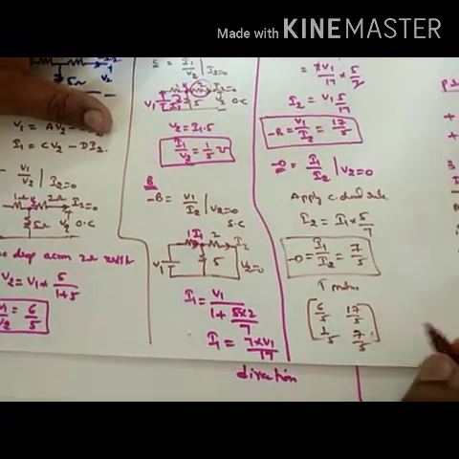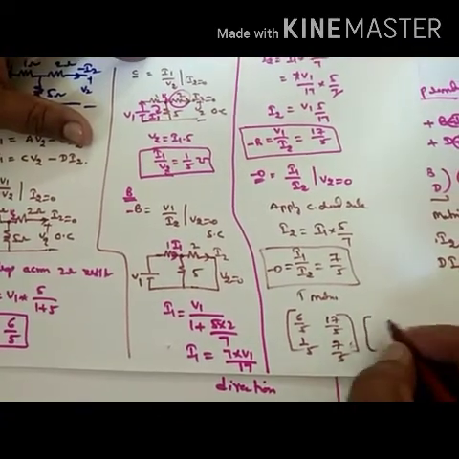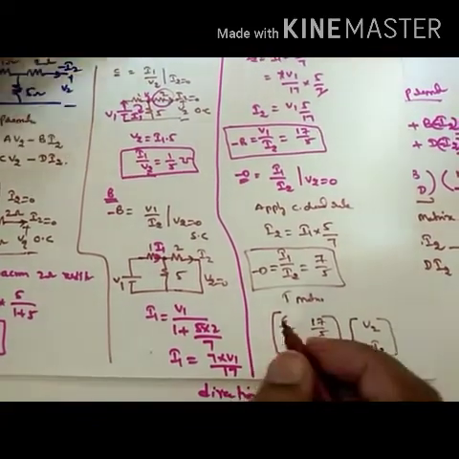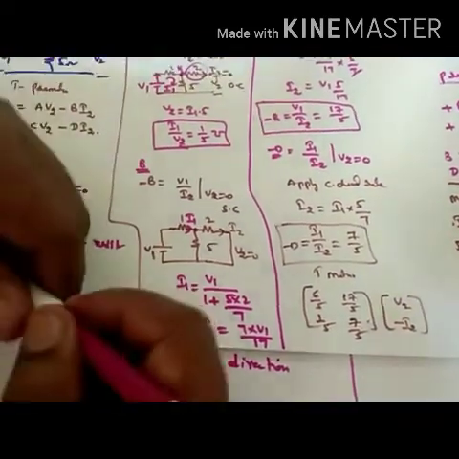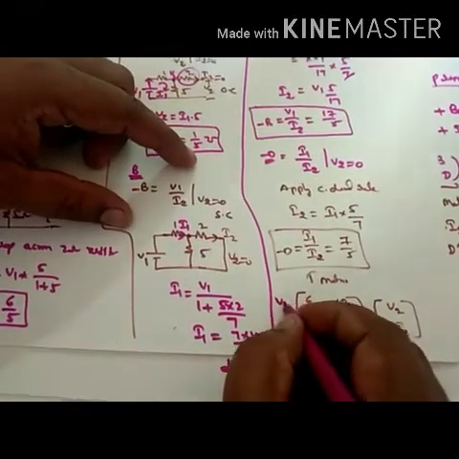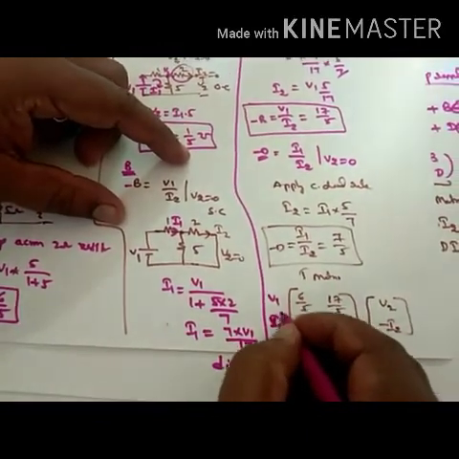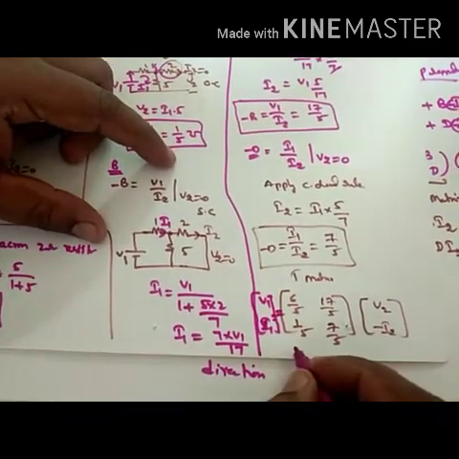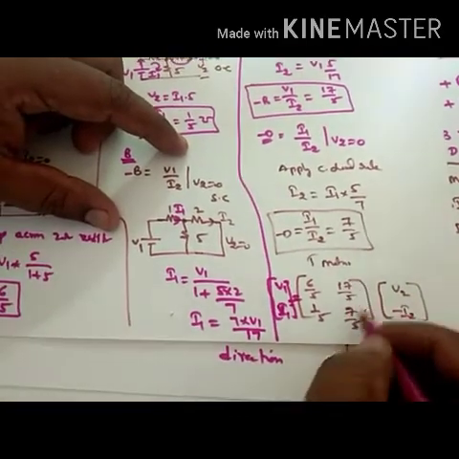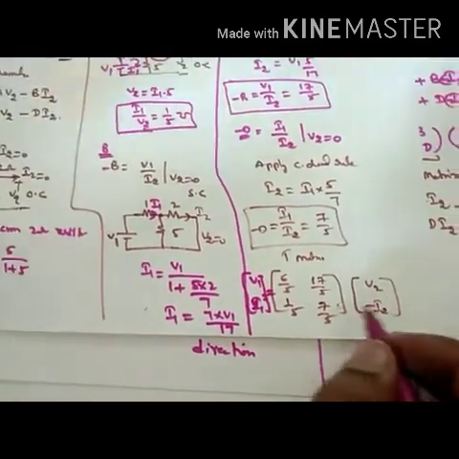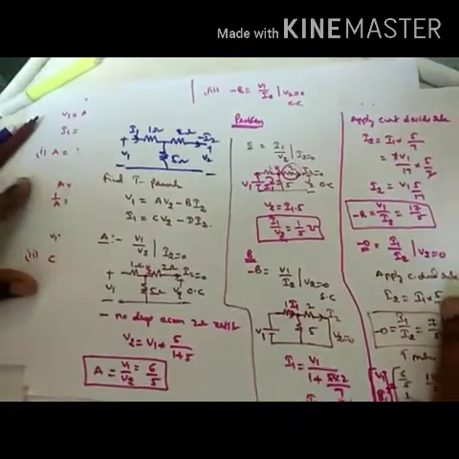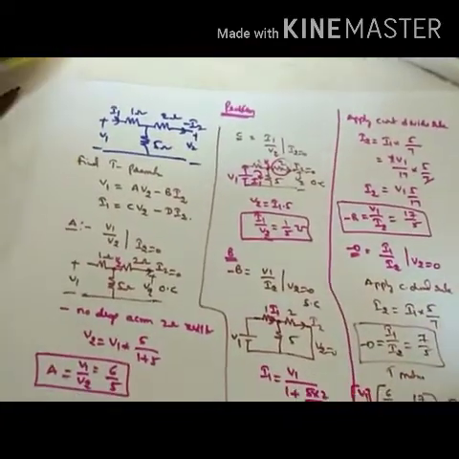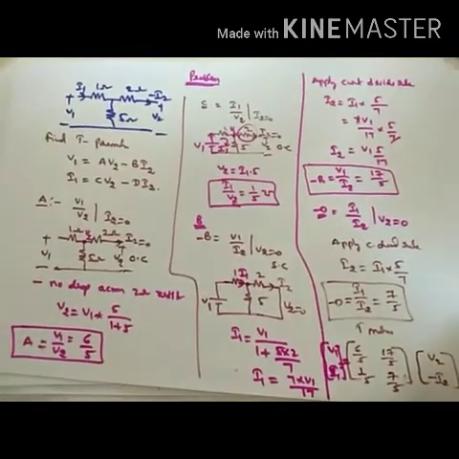This is the T matrix, and we may put a minus sign on the current, not for A, B and D. V1, I1 is equal to ABCD into V2, I2. These are the values. Like that, you have to find the transmission parameters using the open circuit and short circuit method. Thank you.